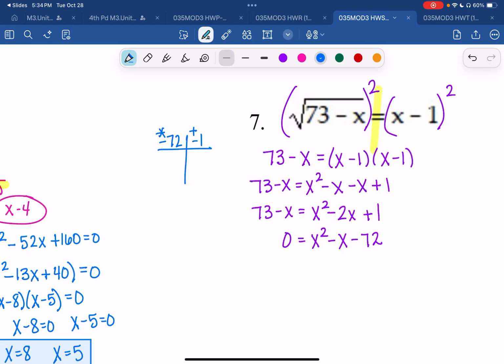If I use 9 and 8, 9 times 8 is going to give me 72. I need them to add to negative 1, so I'm going to do negative 9 and positive 8. That means that 0 equals x minus 9 times x plus 8.